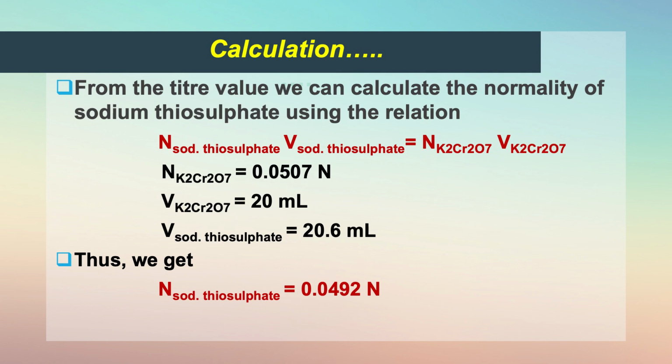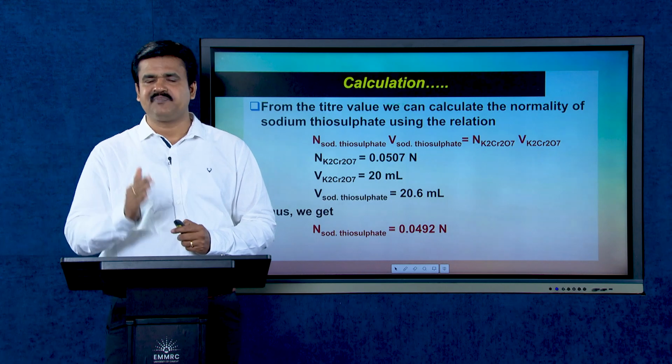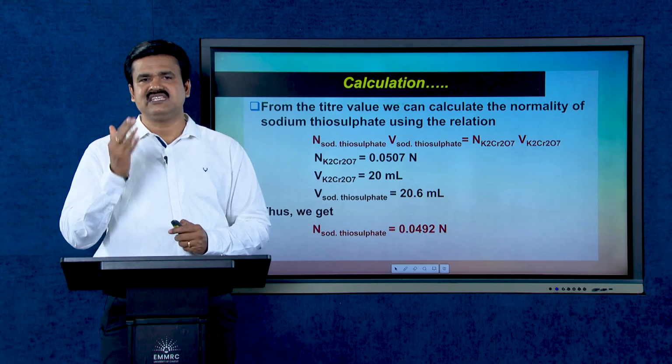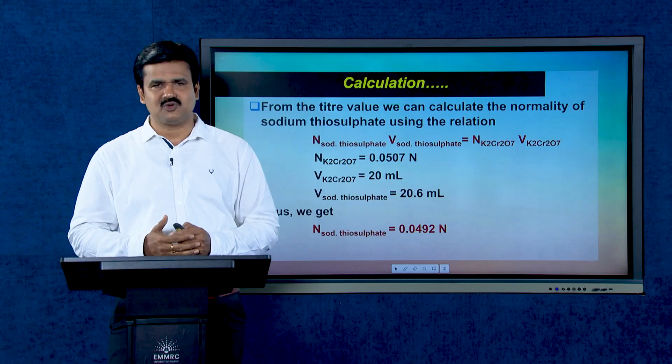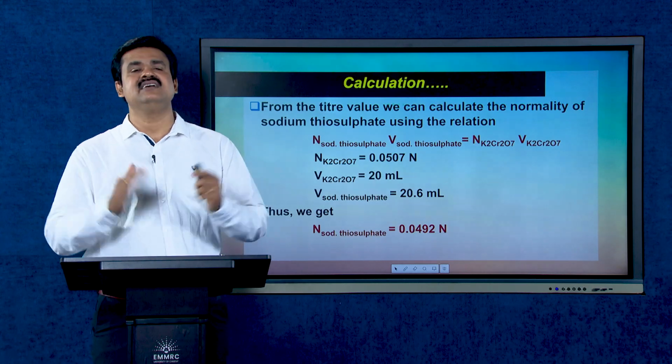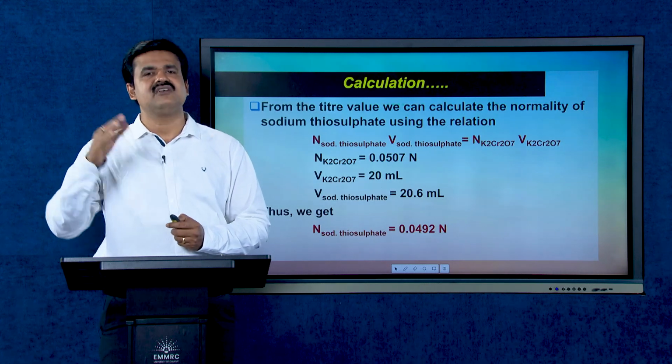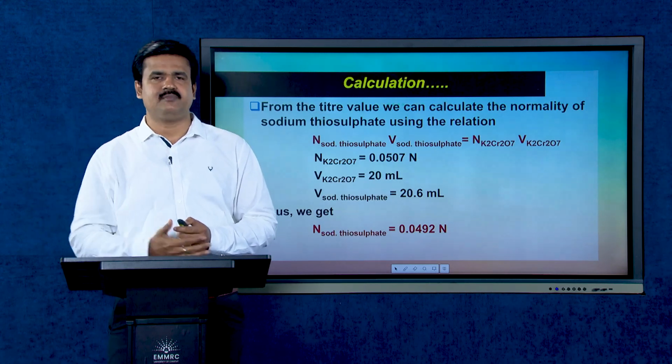The volume of sodium thiosulfate used, the concordant value, is 20.6 ml, and by substitution we get the normality of the sodium thiosulfate solution as 0.0492 normal. Thus, we have standardized the sodium thiosulfate solution.